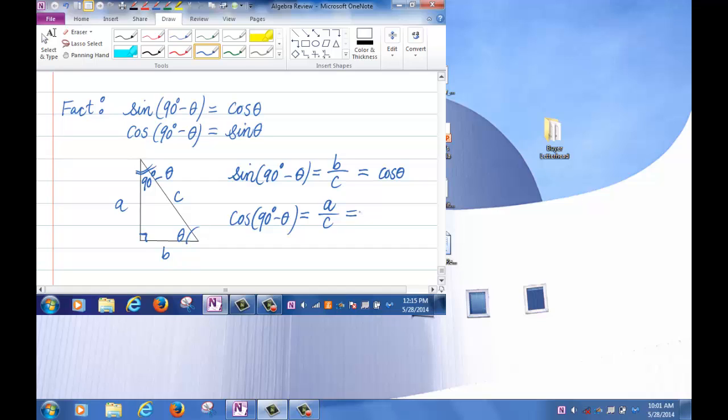A. So A over C is the sine theta, right? You guys realize that? So you need to know this as formulas, that sine 90 minus theta is the same as cosine theta. Cosine 90 minus theta, that's the same as sine theta. Is everybody okay with that?